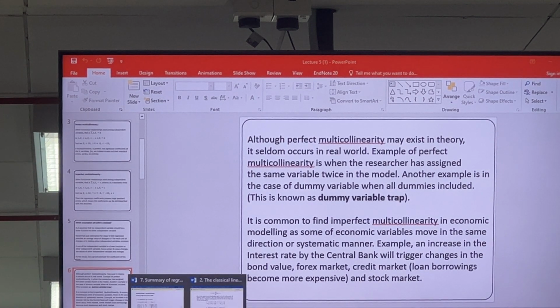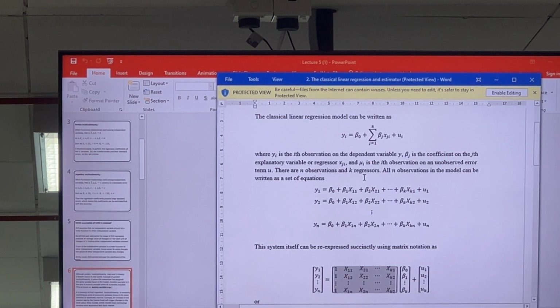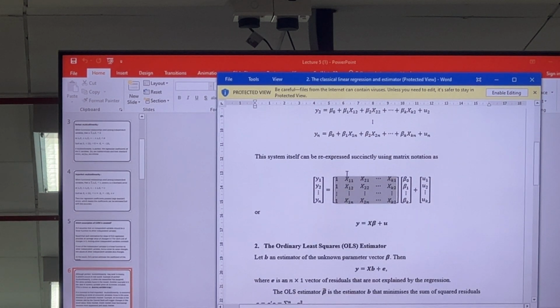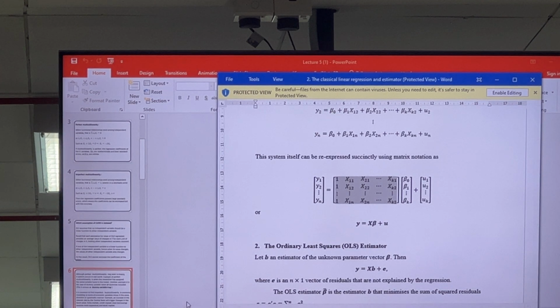Let's say when you estimate in EViews, you mistakenly type y c x1 x1, the same variable included twice. Or in the X matrix, the first X and the second X have exactly the same values. Then you have perfect multicollinearity.